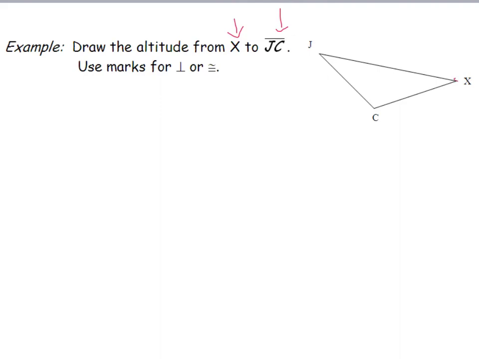If I want to start at X and go over to JC, remember it's got to be perpendicular. So if I draw my line going straight down, that's not straight down. What I'll have to do is extend the side in order to get my perpendicular line here. That would be my altitude. I want you to notice I use my perpendicular mark by marking it with a 90-degree angle.